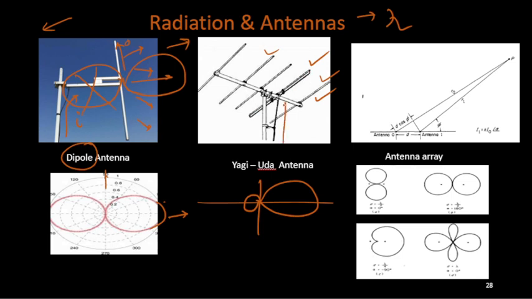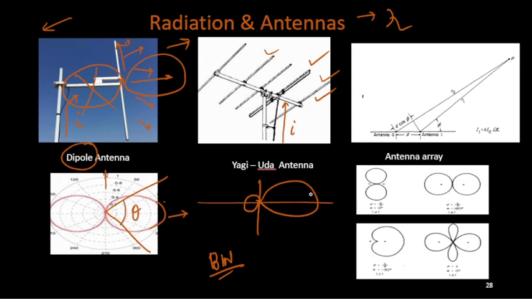Here the signal is coming through this wire, and because of that it will radiate. But these elements help us get this kind of beam width. Here we will consider beam width. This angle is called beam width, fine.